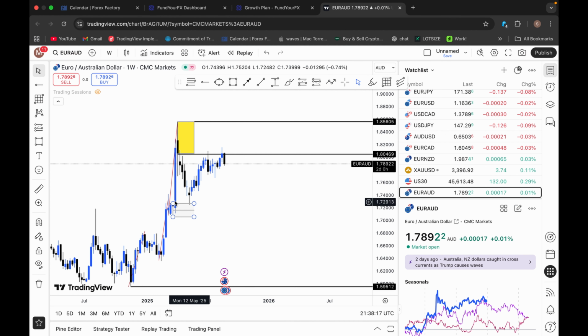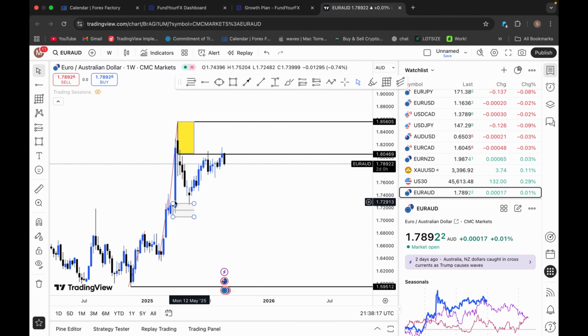We can see that price pushed into the area right here, and what I loved about this was we grabbed some stops, definitely, above this high. That was a clear grab of stops above that high. So that was one of the reasons why I was looking to go for shorts. So taking it down to the 4-hour time frame, remember, this is understanding what's happening in your higher time frame.